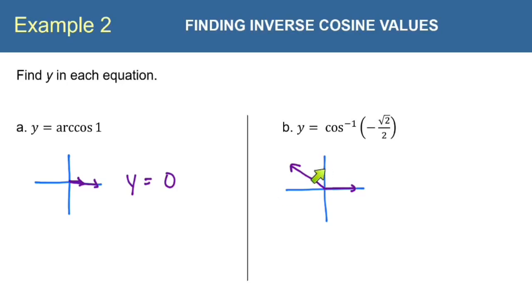That means that the standard position angle is 135 degrees, or in radians we would say 3 pi over 4 radians. And remember that when you're working with a reference angle of 45 degrees, you can count half quadrants instead of converting. So you could take 135 degrees and convert it to radians, but you also could say that this angle covers 1, 2, 3 half quadrants, so it's 3 pi over 4.